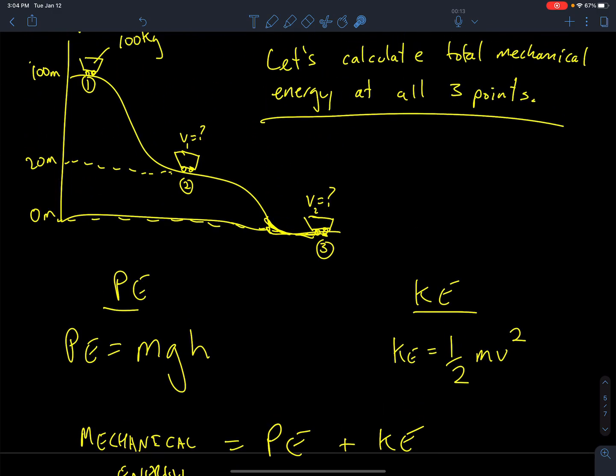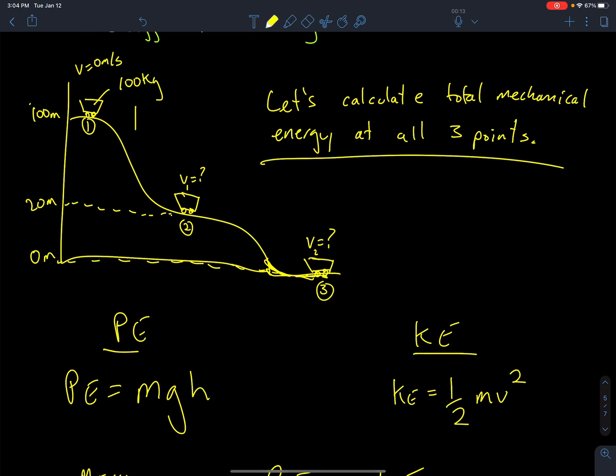All right, so using our knowledge of total energy, at this point the total mechanical energy is my potential energy plus kinetic energy. And at this point over here, if I drew my graph, I'll have a little bit more kinetic energy, probably 80%, and a smaller amount of potential energy.